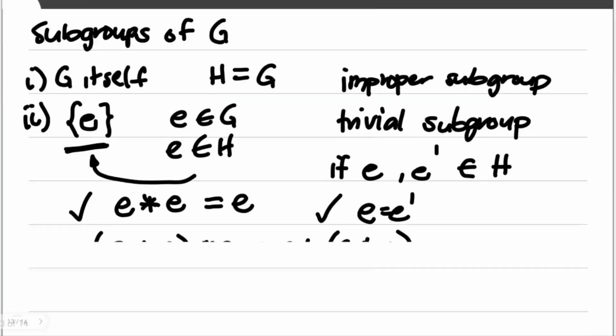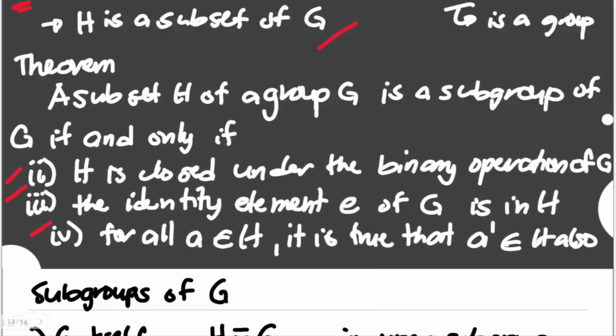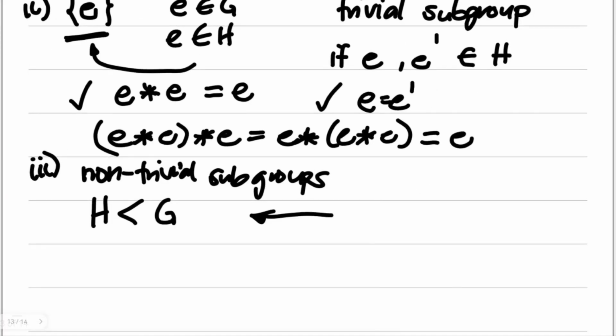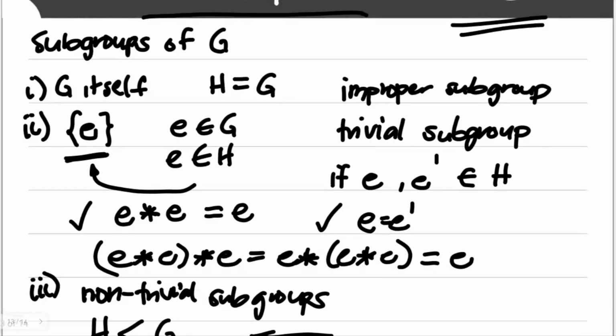So if you're going to determine the non-trivial subgroups, always consider the closure property, the existence of the identity element of G in that H, and of course, for all given a in that H, there exist their corresponding inverses. This is just an additional concept that we need to understand, because later on we will have examples and illustrations of determining subgroups.